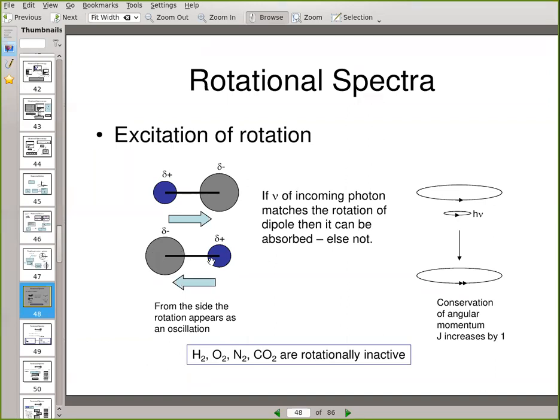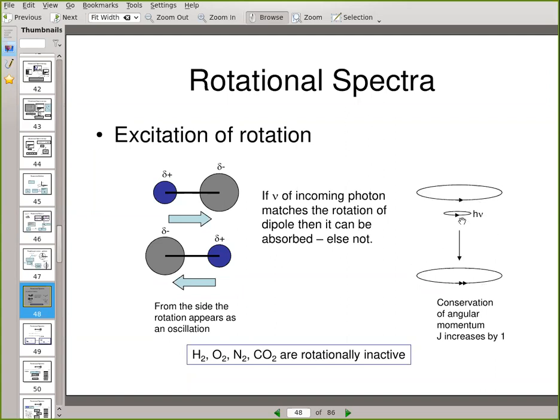Of course, if these are identical, then there's nothing changing here as you rotate. There's nothing for a photon to interact with, and so it's not going to be excited by a photon coming in. So you see, if you've got a molecule, for instance a diatomic molecule, that's rotating with a rotational energy level, it's going to bring in a photon with its own angular momentum to get to the next energy level.